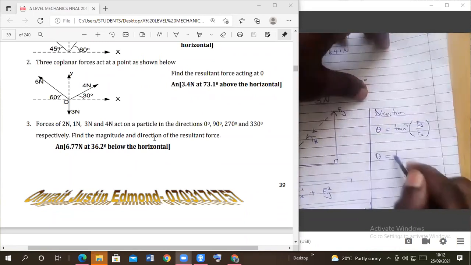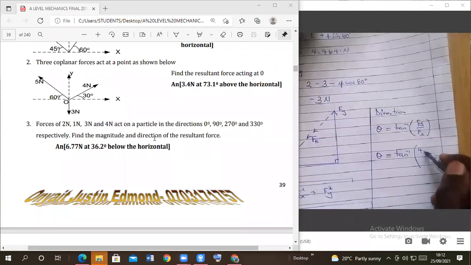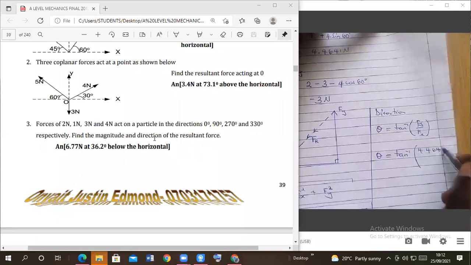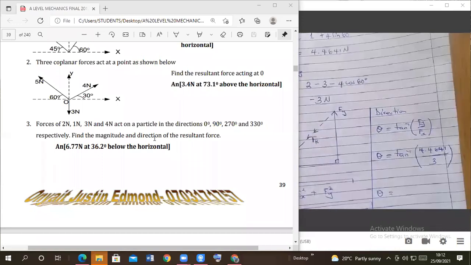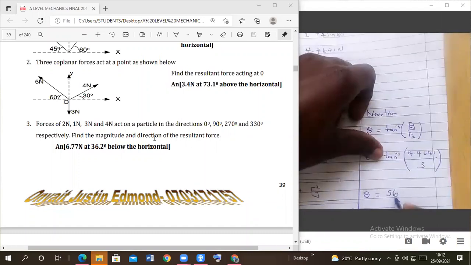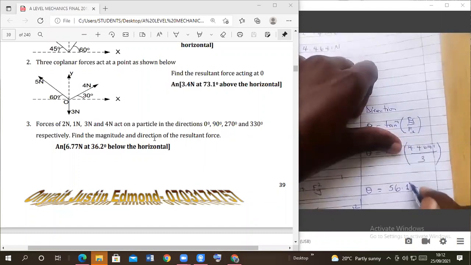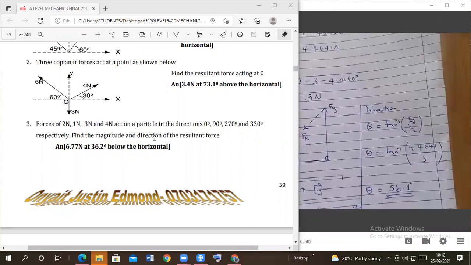So theta equals arctan of 4.4641 divided by 3. So arctan is what? You get 56.1 degrees.